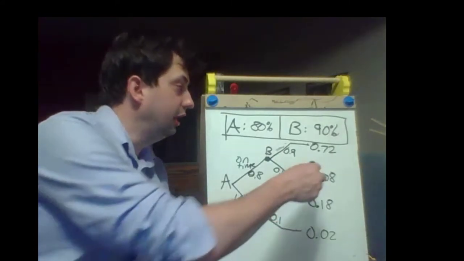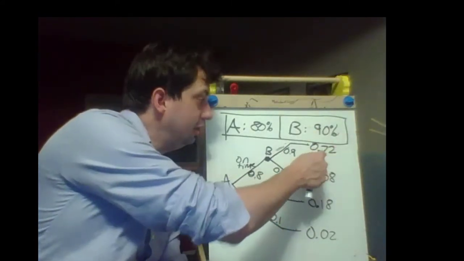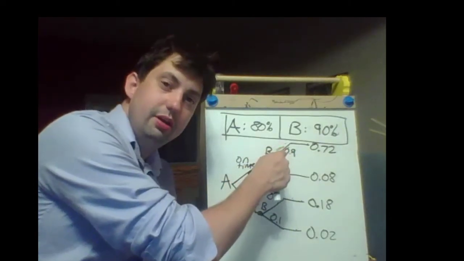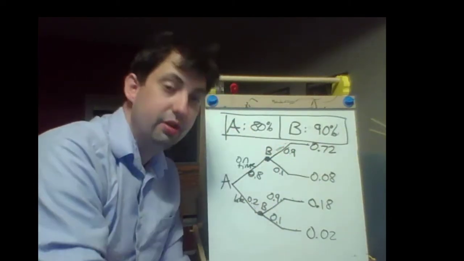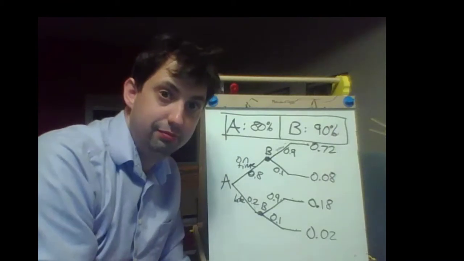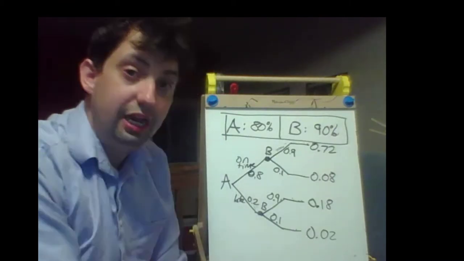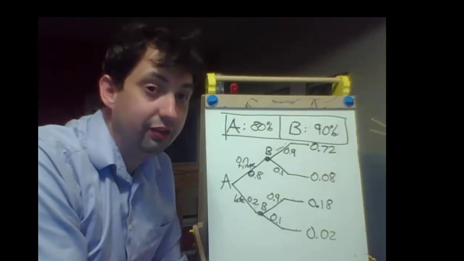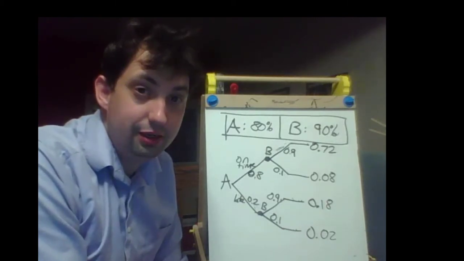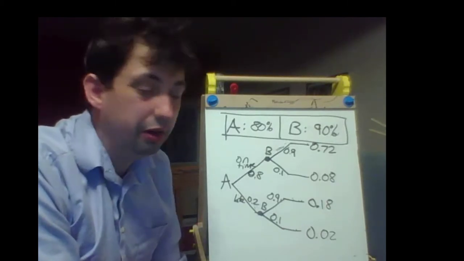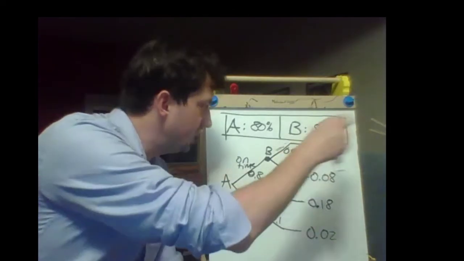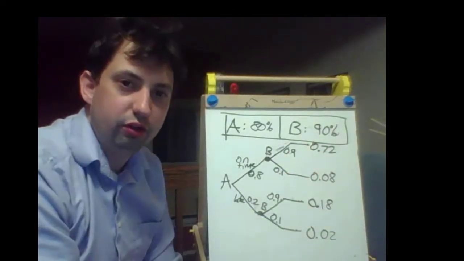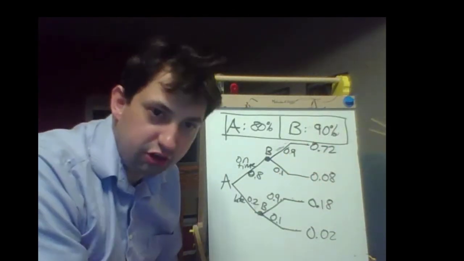So naturally, it is less likely that A and B arrive on time than for just B to arrive on time, than for just A to arrive on time. 2, it doesn't matter that I said A and then B, because they're independent, right? If I had swapped them, it would change the order of where things are, but it wouldn't change the logic.